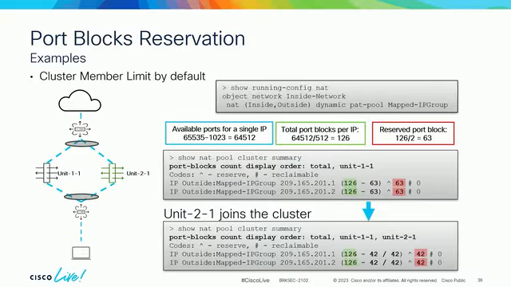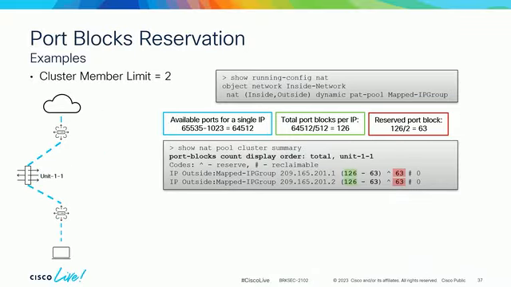Now let's take a look at the second example. In the second example, we can see that cluster member limit is configured to 2. Initially, this output is going to be the same. But then when the data unit joins the cluster, this output changes.